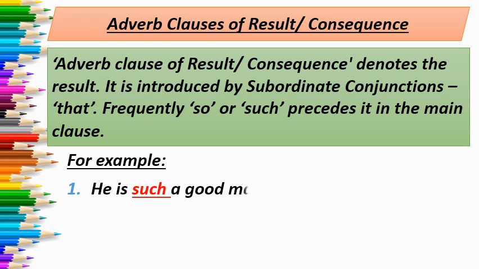Number 1, he is such a good man that all respect him. Here, he is such a good man is the main clause, and that all respect him is the subordinate clause. As I have told you, you need to ask a question of the adjective in the main clause.